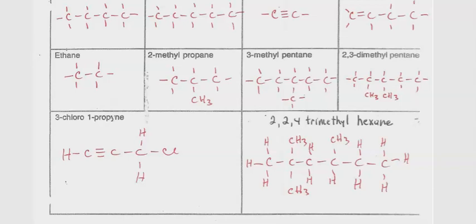They only need to share and feel like it has the number 8, so it forms a single bond, is what I'm trying to say. So for 3-chloro-1-propyne, the 1 tells you where the triple bond starts, and then the 3 tells you where to put the chlorine atom.